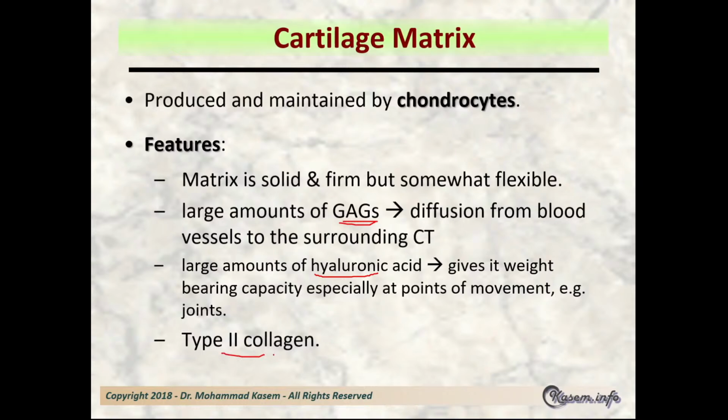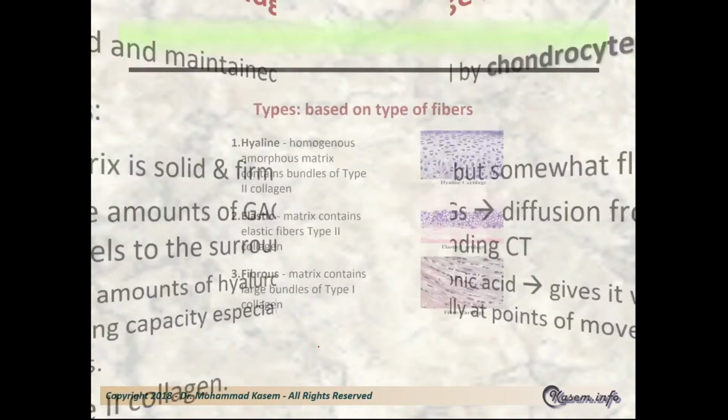These components help the cartilage work as a shock absorber and give it its firm composition and flexibility in certain areas of tissues.